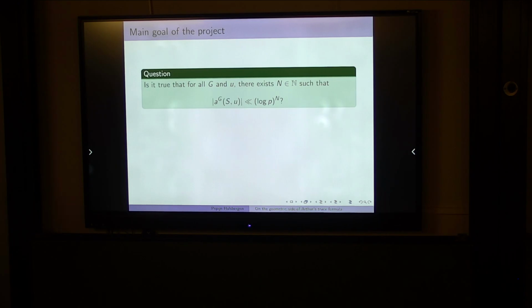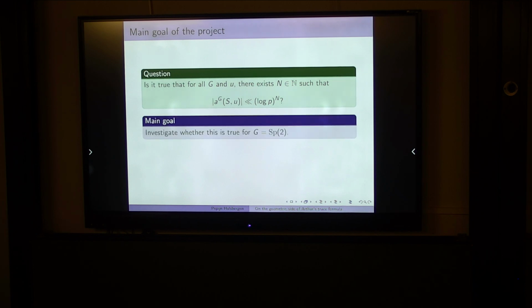And one of the things I'm now working on is to focus on this question in the case G equals this symplectic group of rank 2. For this group, the coefficients are already determined by Hoffmann and Wakatsuki, as I already mentioned. But unfortunately, the coefficients don't look as nice anymore as in the case of GL2.